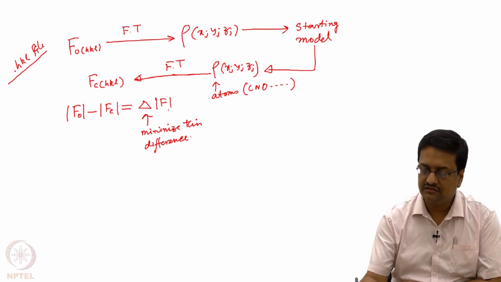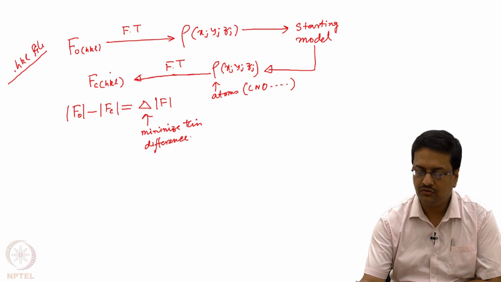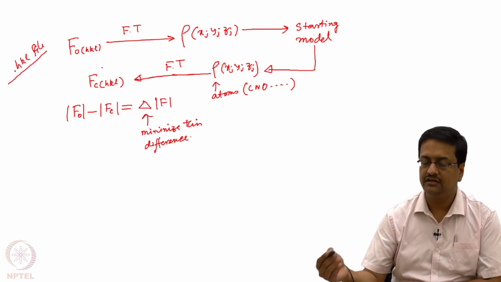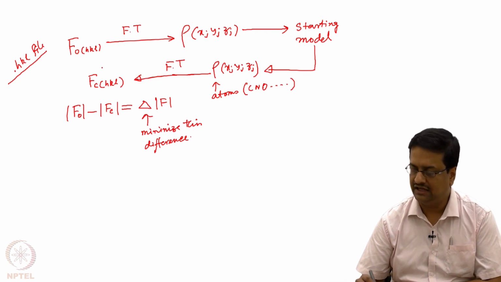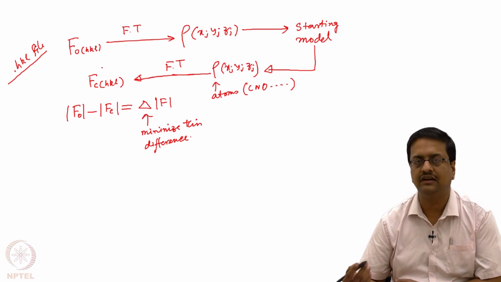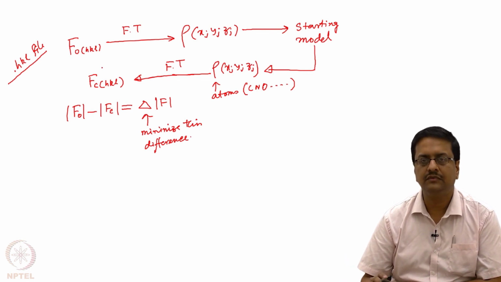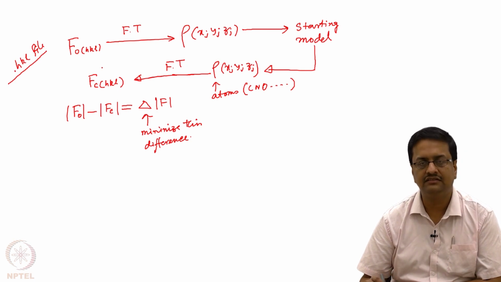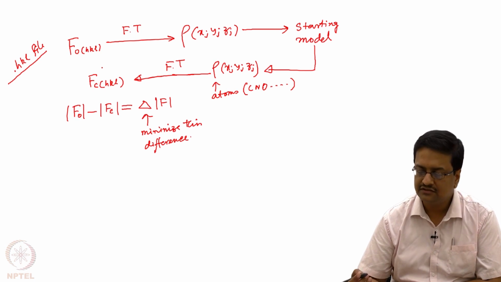So from these values of delta F, we again go back and calculate the new coordinates of the atoms. In this process, we may get more atoms which were not seen in the previous plot. So we may be able to identify the solvents, we may be able to identify some disordered parts.